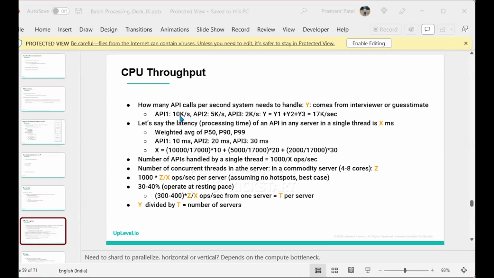This is experimental data, the number of APIs that we are given. You can consider any number, but you have to think about whether they are in line with the complexities that we have. If one is n square and the other is taking n, then definitely you should consider more queries per second for the API which has the higher complexity.